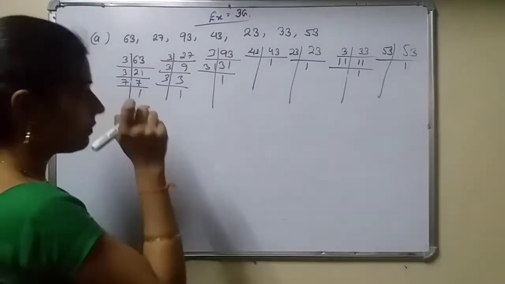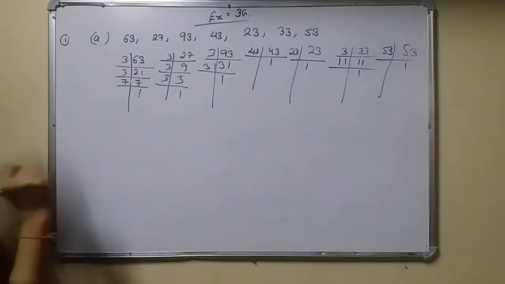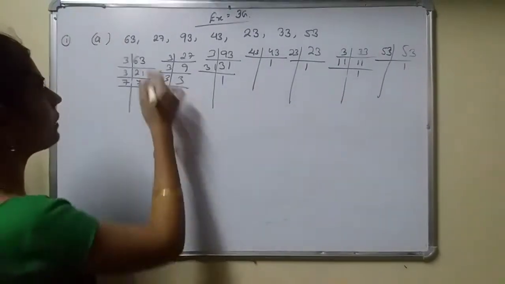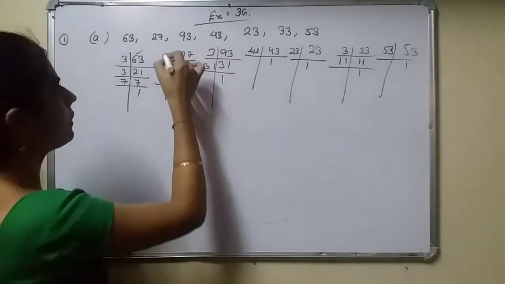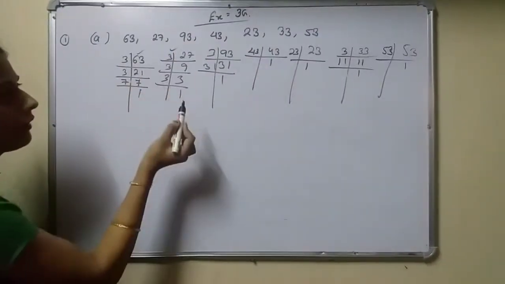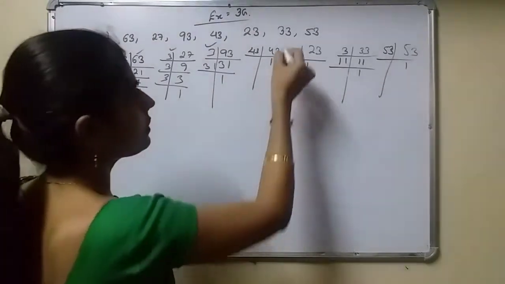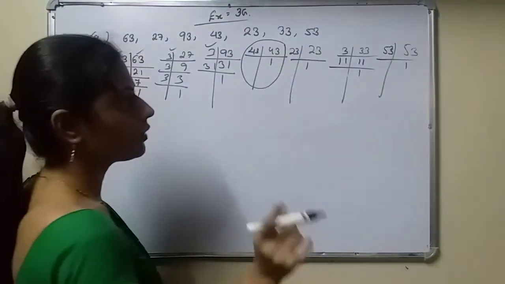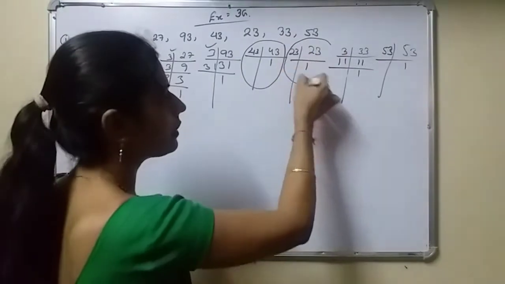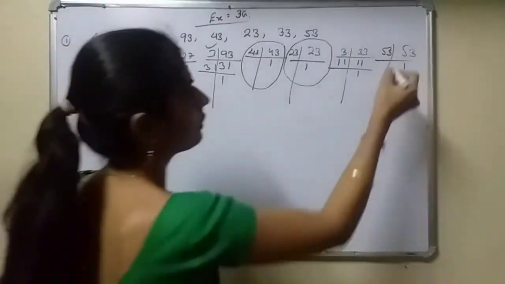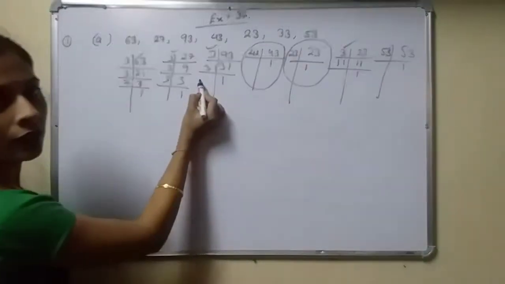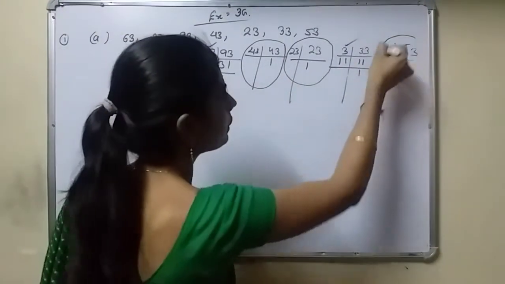Now see which are the common factors here. In this you can find 3, in this also 3 is common, in this also 3 is common. This one is different, here only 1 is the common factor, here also only 1, here 3 is common, here only 1.